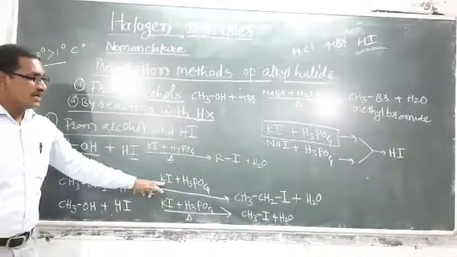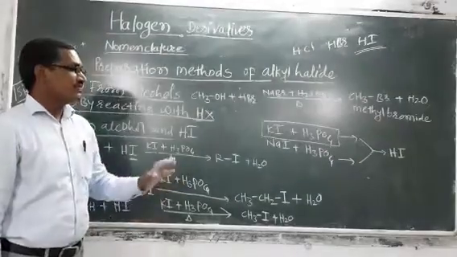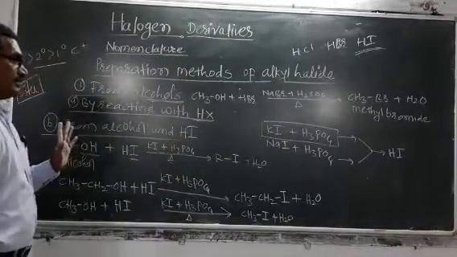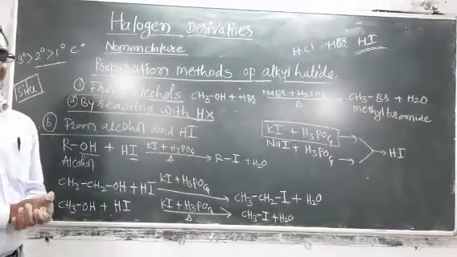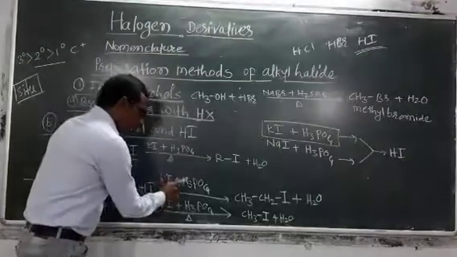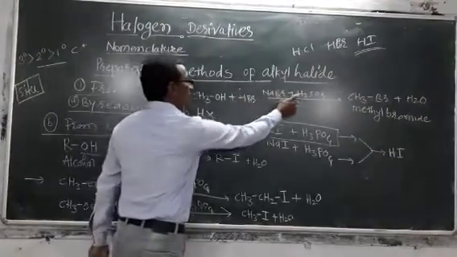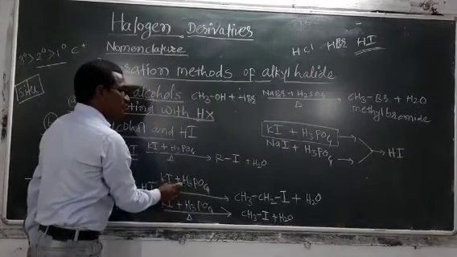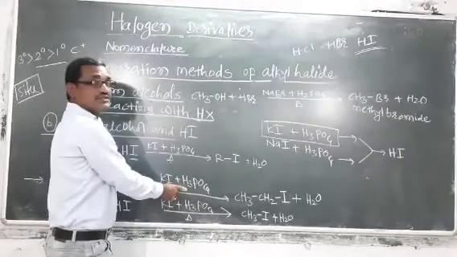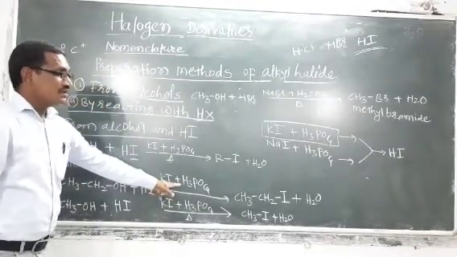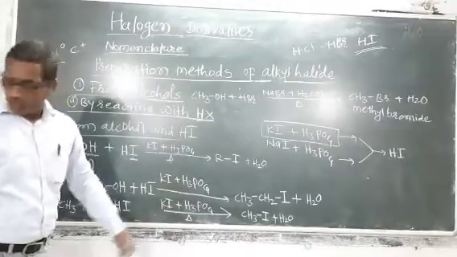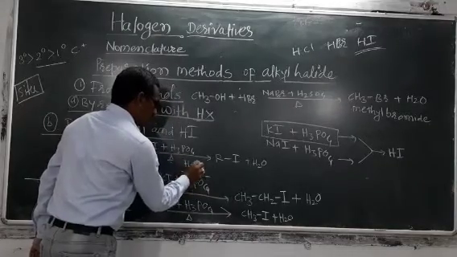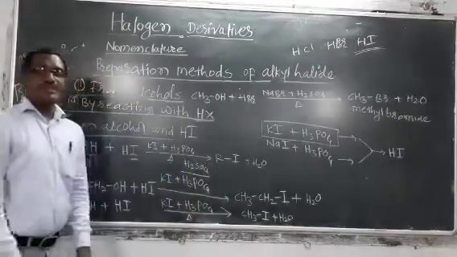When potassium iodide is reacted with H3PO4, it will give HI. Now, one question is here: we have used H2SO4 there, but here why have we not used H2SO4? We have used H3PO4, and why not H2SO4? What is the reason behind this?